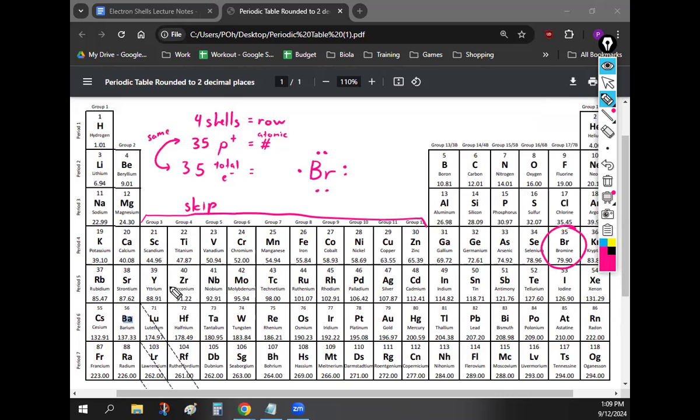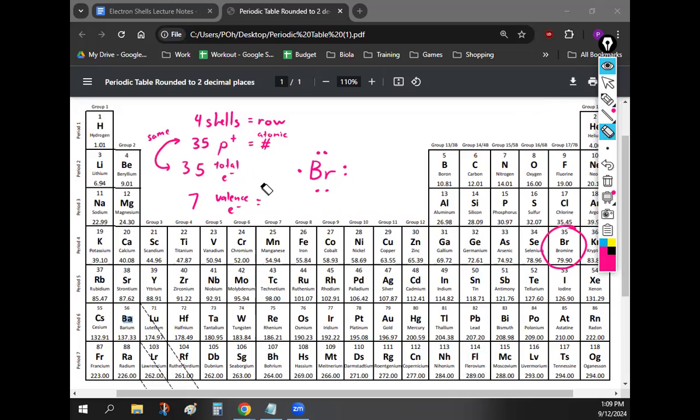Okay, so jot this down. This will be helpful for your assignment. Okay, and then last but not least, we talked about protons and total electrons. How many valence electrons does it have? 7, because those are the ones on the outside. You just count the boxes in that row.